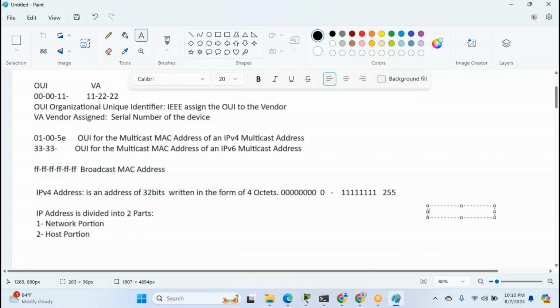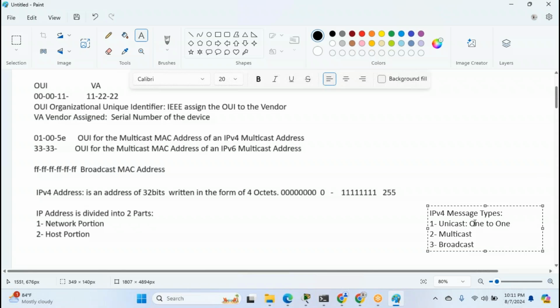Here we need to discuss the IPv4 message types. IPv4 message types include unicast, multicast, and broadcast. Unicast is one-to-one communication, one sender, one receiver.